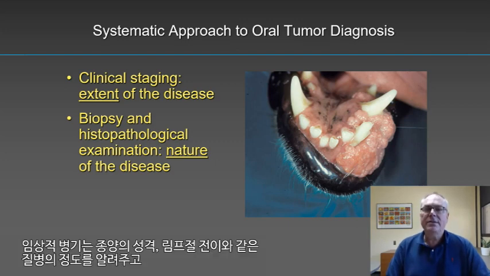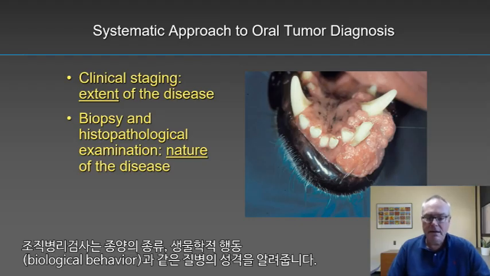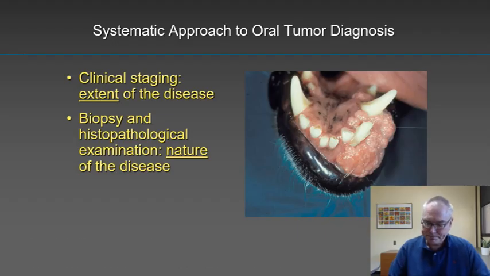Clinical staging includes looking at the tumor characteristics, looking for lymph node metastasis and for distant metastasis. The biopsy will tell you what type of tumor you are dealing with and what its expected biological behavior may be.